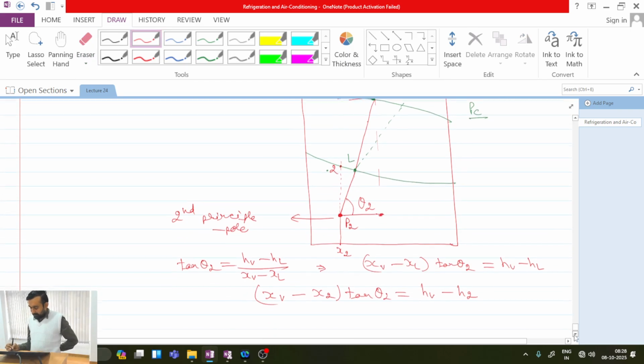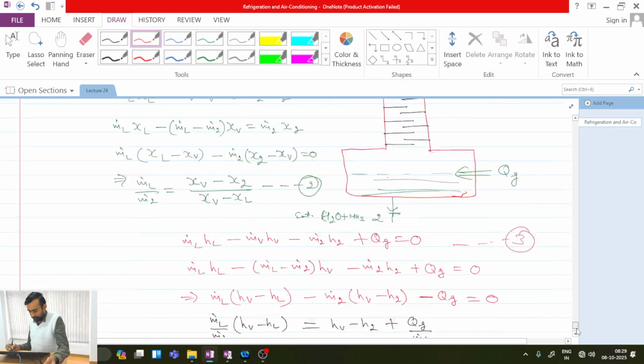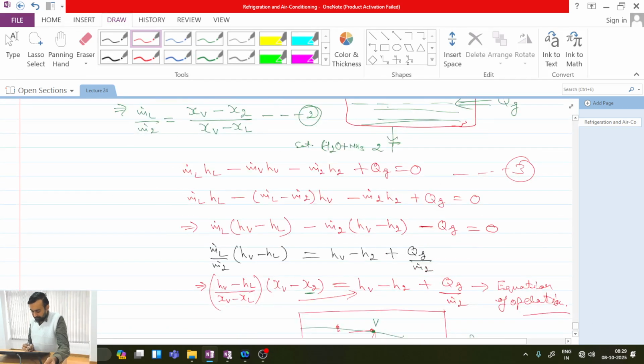Is it correct? Now, tan theta is again HV minus HL divided by XV minus XL, which is becoming identical to the left hand side of this equation, (XV minus X2) into (HV minus HL) by this, correct?